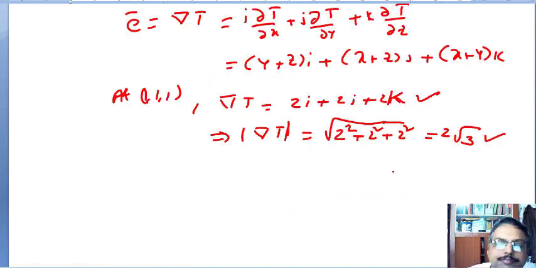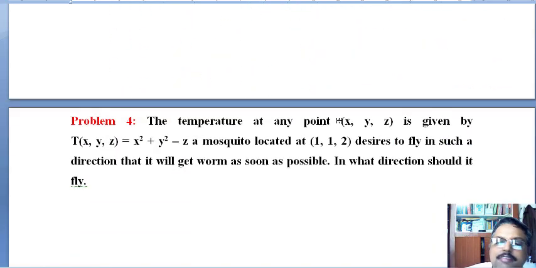Very simple question. In a similar way, a similar question: the temperature at any point (x, y, z) is given by T of (x, y, z) equals x square plus y square minus z. A mosquito is located, just for application purposes, at the point (1, 1, 2), and desires to fly in such a direction that it will be warm as soon as possible.